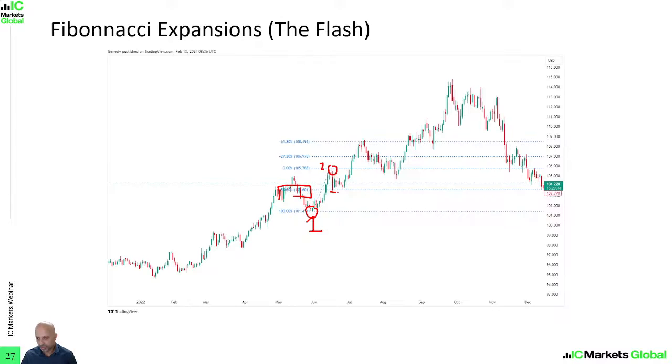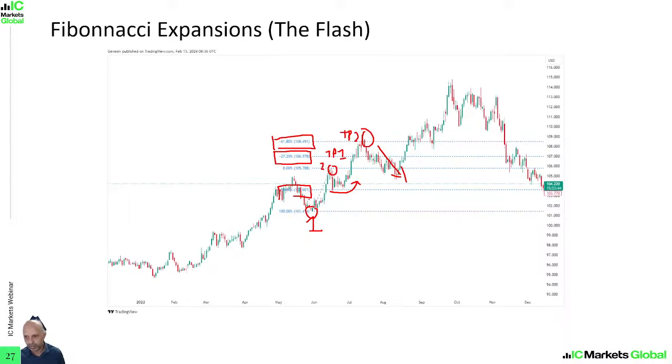So when that happens and price starts to move higher again, these subsequent levels at negative 27.2% and negative 61.8% are now valid. So as price is rising higher, we identify a potential bullish breakout at point 2, the significant swing high resistance. We'll identify our first TP at negative 27.2%, and then we'll identify our second take profit zone at negative 61.8%, which is where price has run into resistance and started to pull back quite strongly, right?